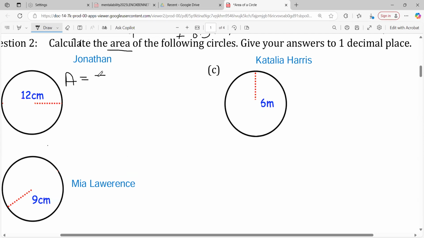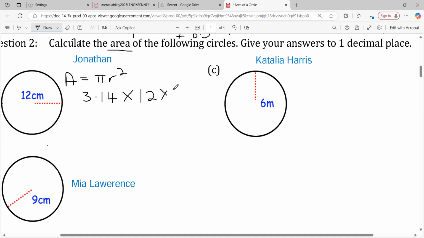And it would equal 3.14 times 144, sir. The reason why is that pi would equal 3.14, sir. And the radius, sir, you multiply it by itself, which would give you 144, sir.